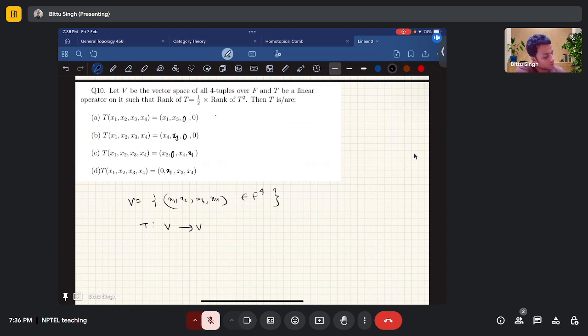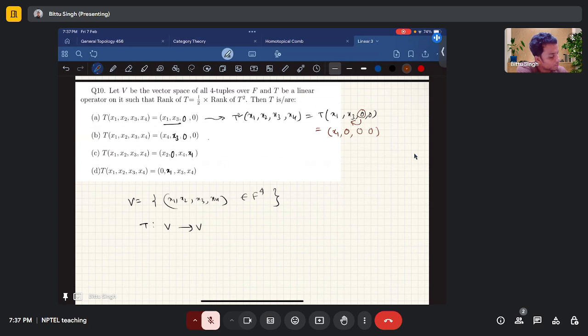So let me see what T squared is here. T squared of x1, x2, x3, x4 is the same as T applied on this, T applied on x1, x3, 0, 0. So again, if we apply T, what is T doing? T is taking the third element and putting it here, right? So it is x1, 0, and except those, everything becomes 0.